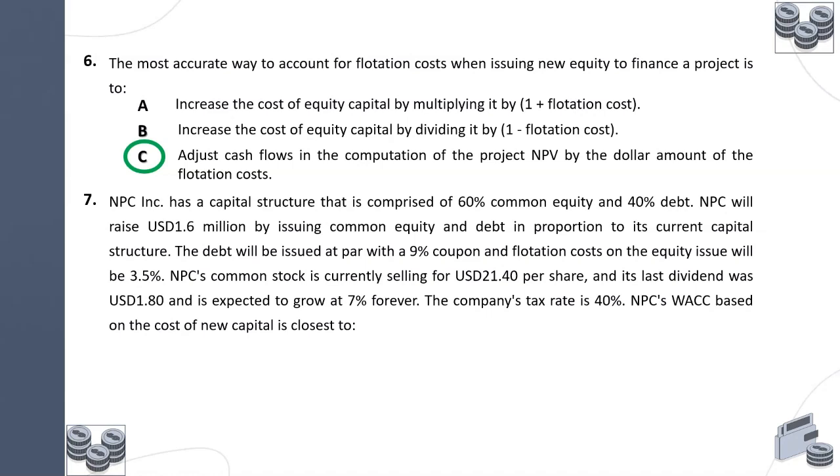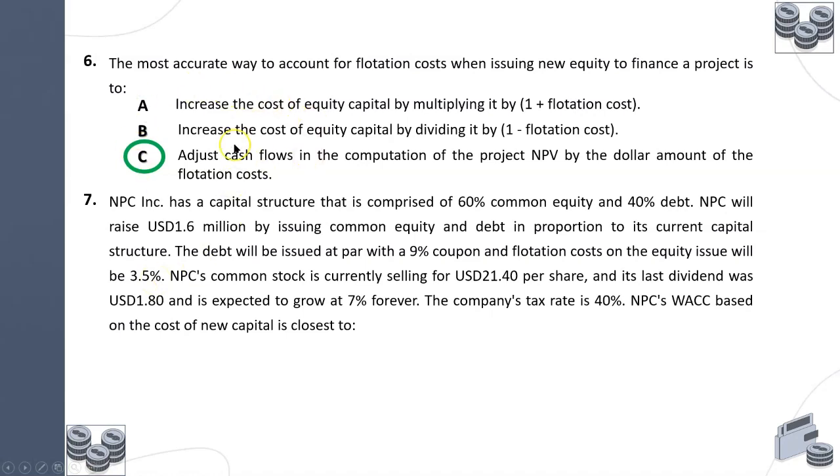So 60% of the 1.6 million will be new shares and 40% will be debt. The debt will be issued at par with a 9% coupon, that is the cost of debt before tax. And flotation cost on the equity issue will be 3.5%.